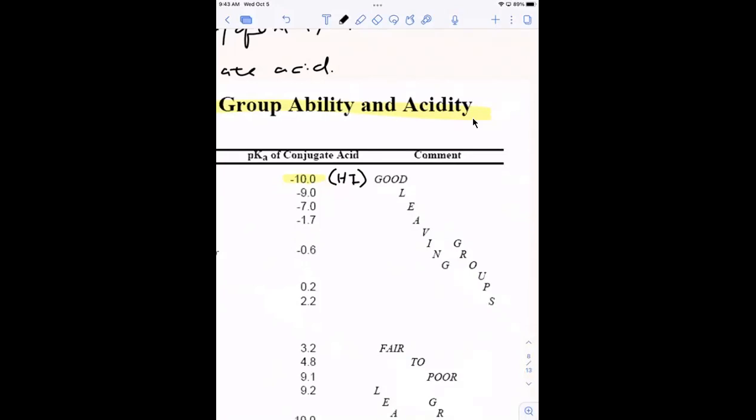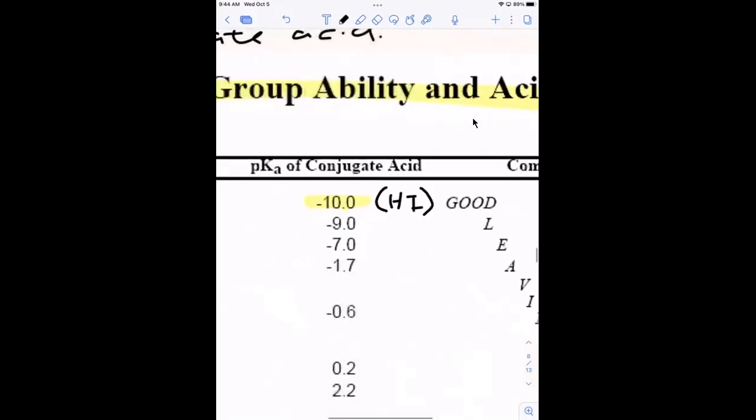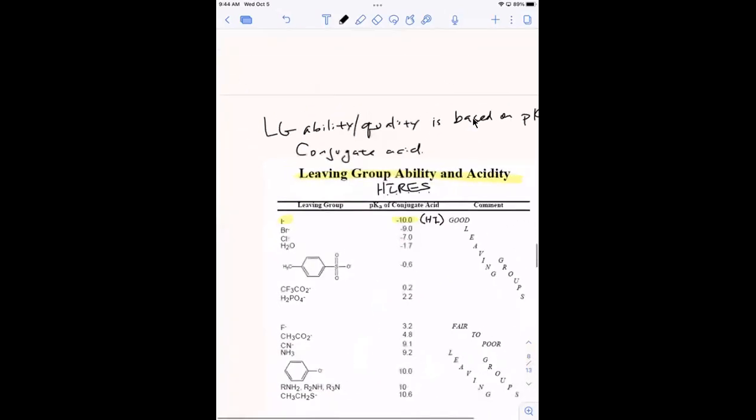Do you remember that, anybody? If you took the class this summer, even though it was online, you should have seen the HIRES mnemonic: hybridization, induction, resonance, electronegativity, and size.